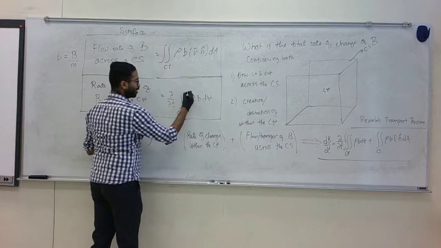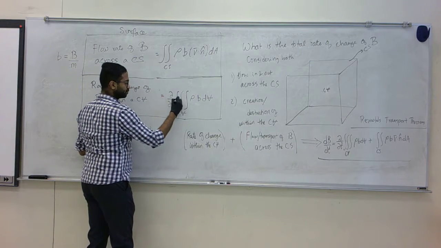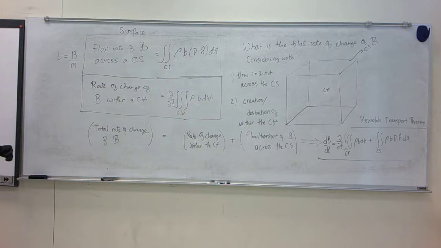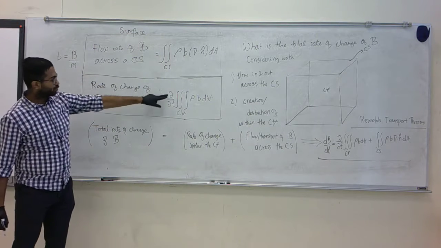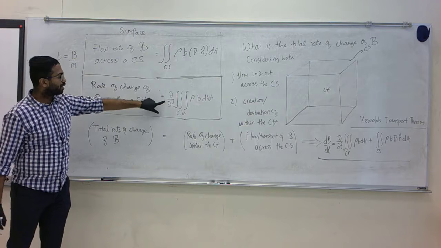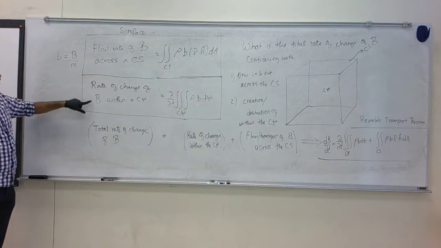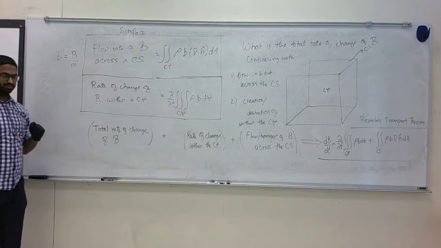So you evaluate a triple integral over the entire control volume, and the rate at which this changes, which is the time derivative of this quantity, is the rate of change of B within the control volume.